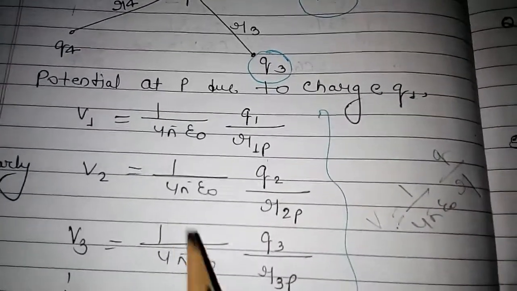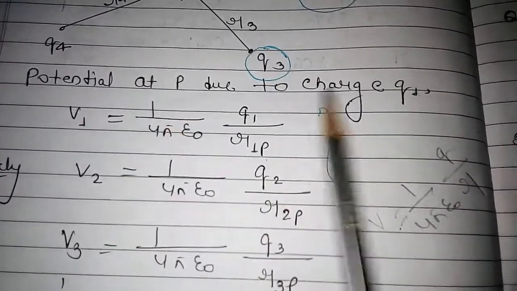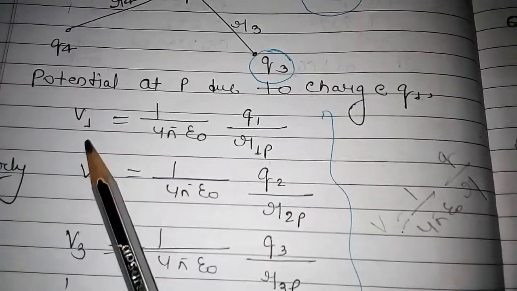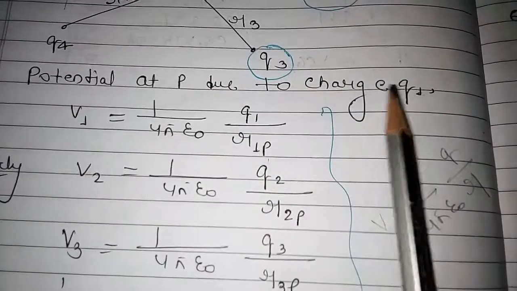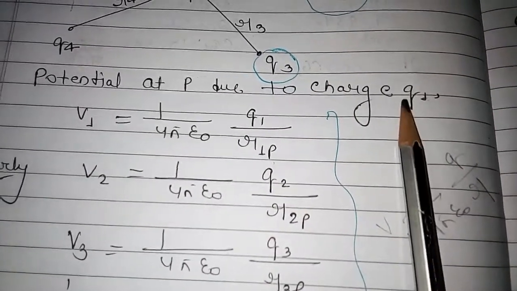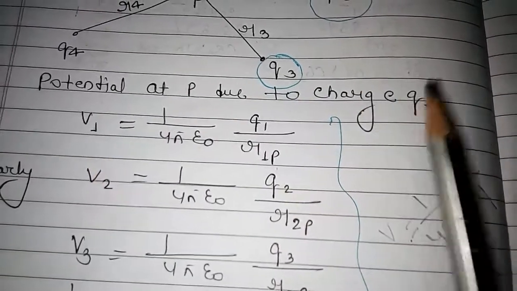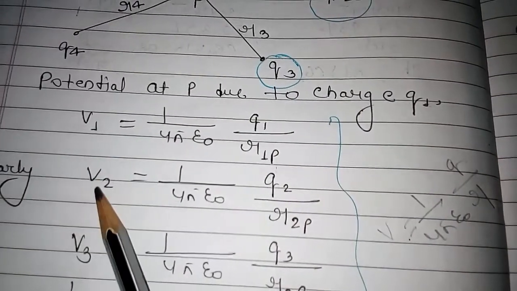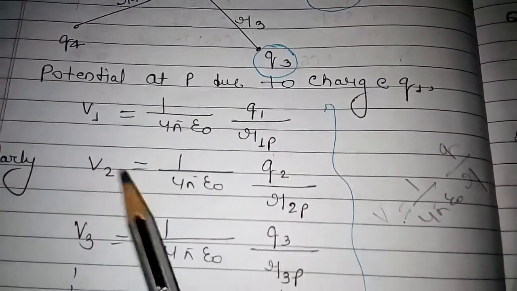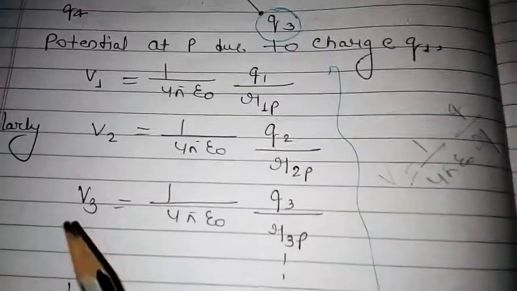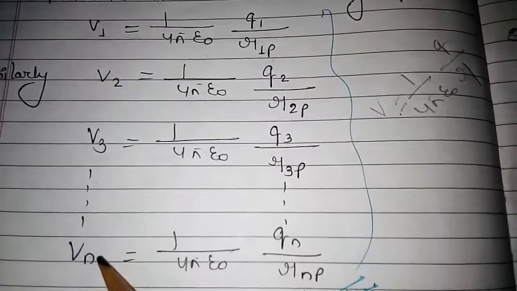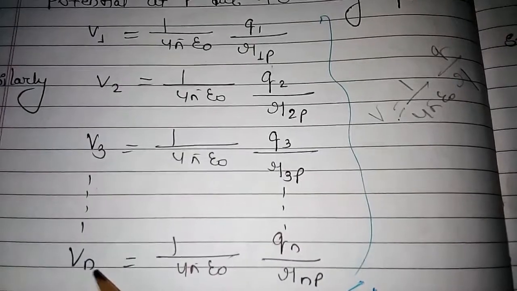The potential at point P due to the charge Q1 is V1. The potential due to the charge Q2 we will take as V2, potential due to the charge Q3 we will take V3. Similarly, potential due to the charge Qn we will take as Vn.